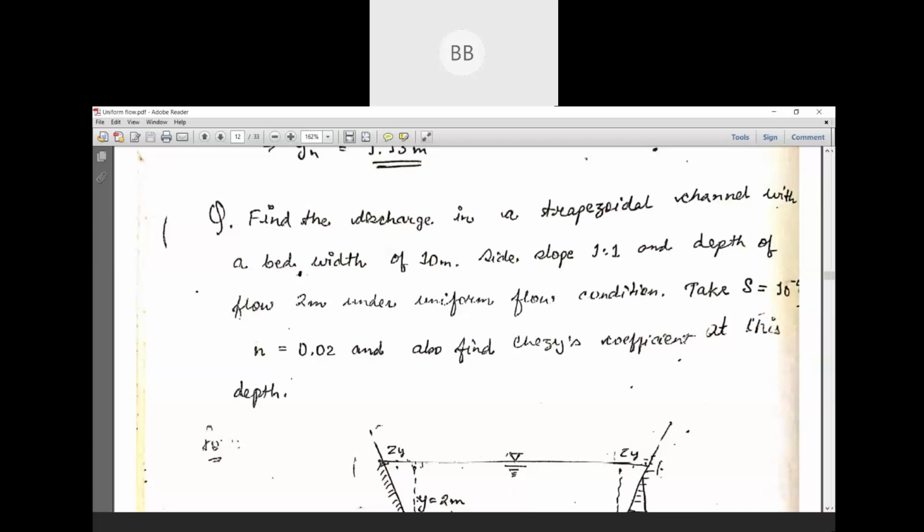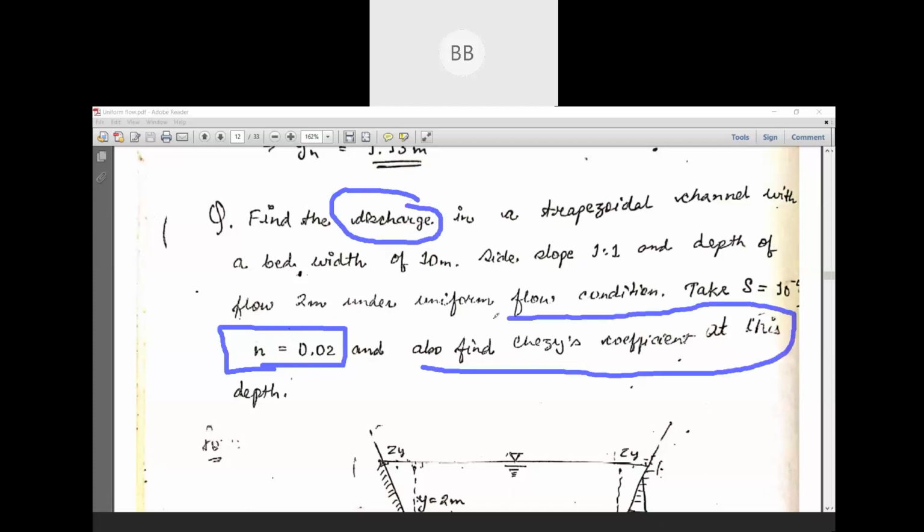Manning's n is also given, that is 0.02. So you have to use Manning's equation and you need to find out the discharge. After calculating discharge, you have to also find out the Sage's coefficient. That is the second part of your question.